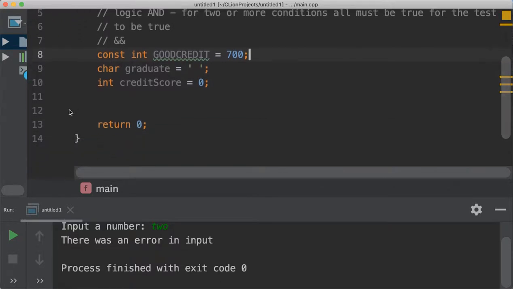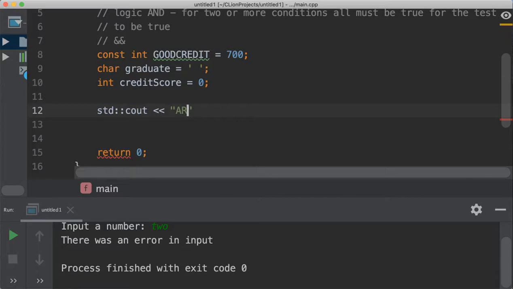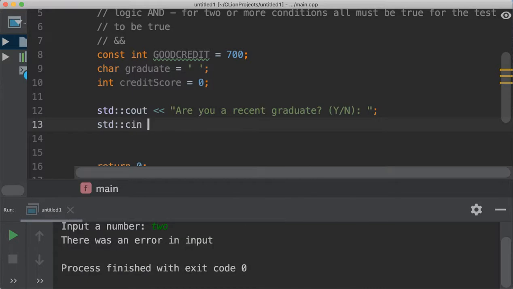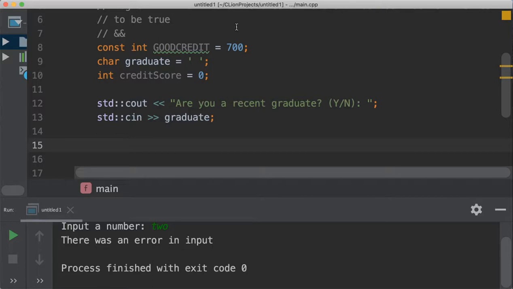So we're going to say if you're a recent graduate and you've got a good credit score, you can buy a car. So we need to get those inputs. And regardless of whether you are a graduate or not, we're just going to go ahead and grab the credit score.